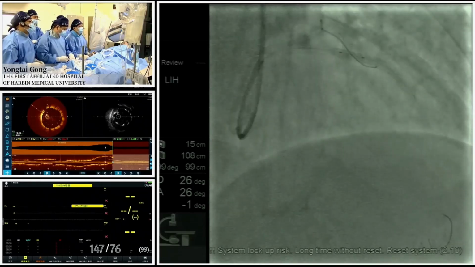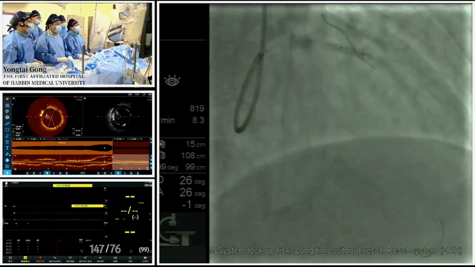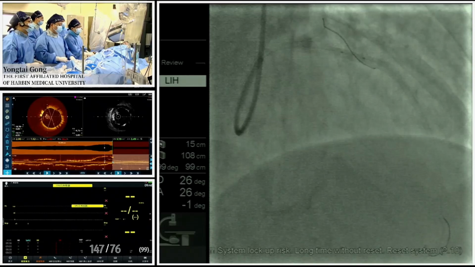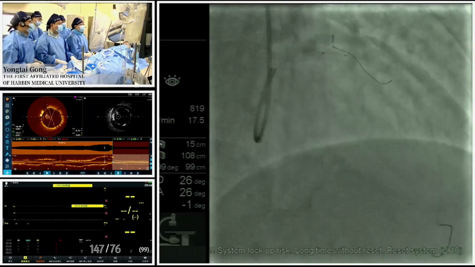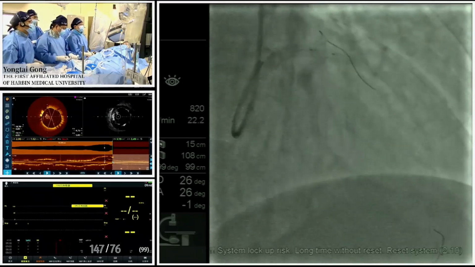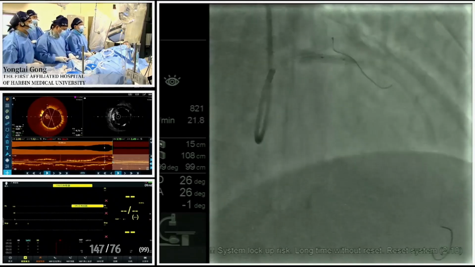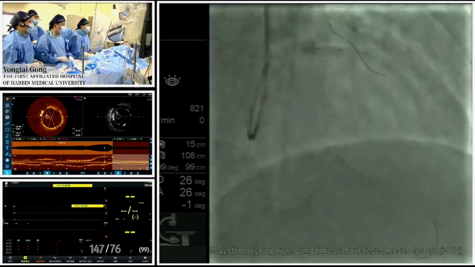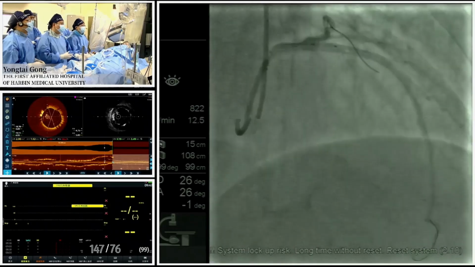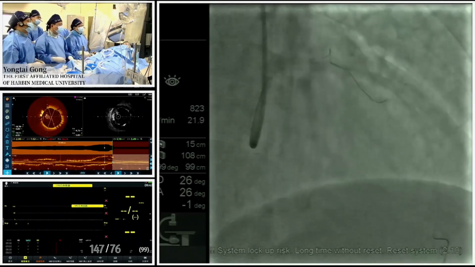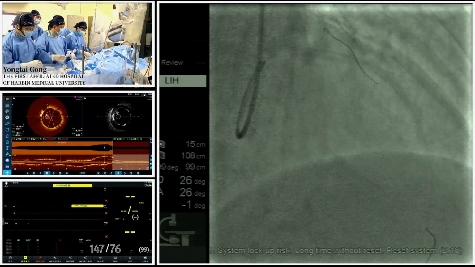So I think the middle to distal LAD stent has got optimized results. Because right now, Dr. Gong is trying to dilate all the parts of the stents in the LAD. Maybe he wants to have a better result.